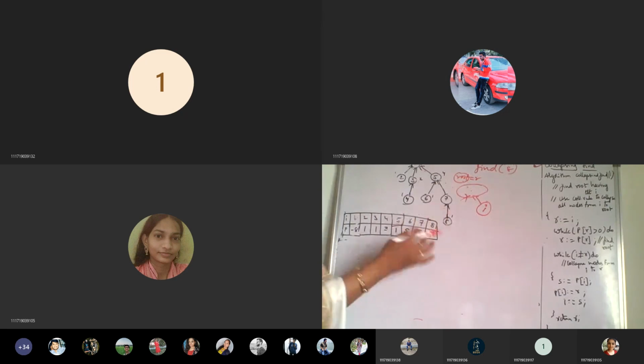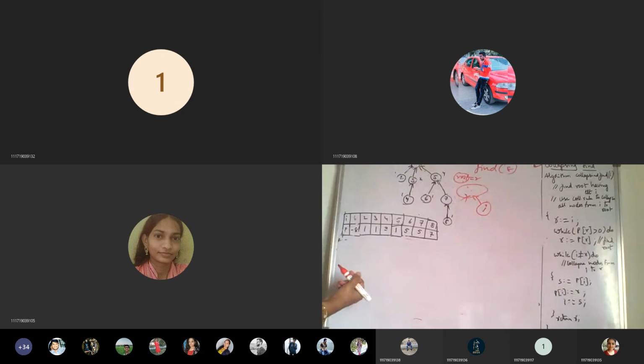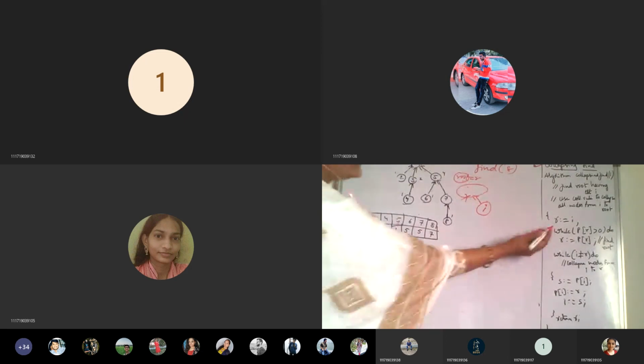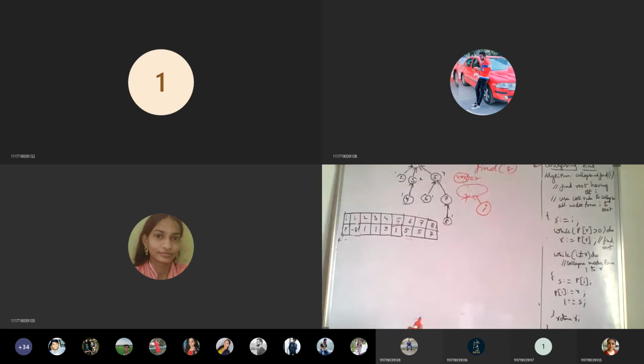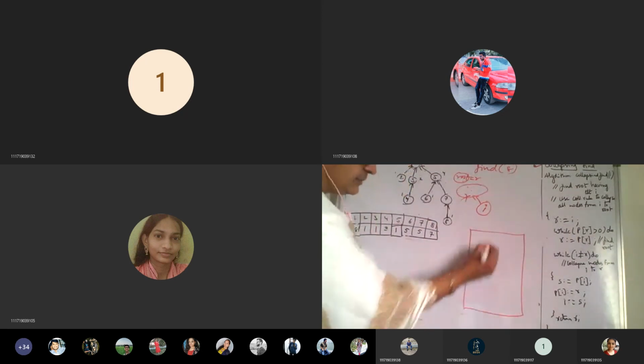Collapsed means it's not totally deleted, but we can directly link them to the root. Okay, so here we are taking i equal to r. So for this, let's take the tracing values. Here, I am taking a tracing table.